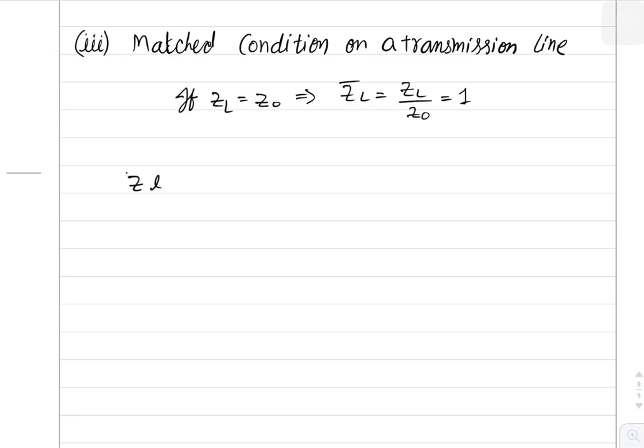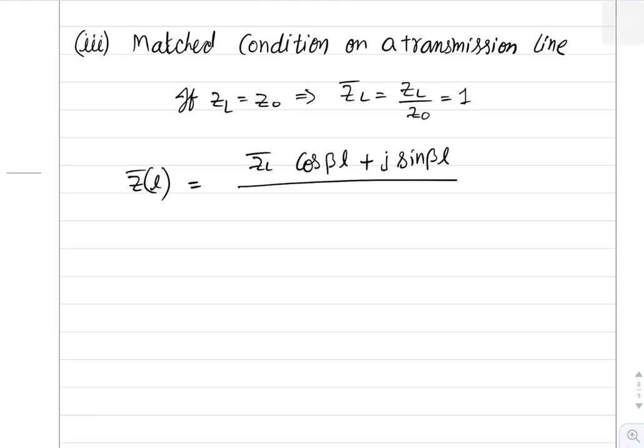Therefore, if you try to find out Z bar, that means the normalized impedance, then it is equal to (ZL bar cos βL + j sin βL) by (cos βL + j ZL bar sin βL). Since the value of ZL bar equal to 1, I can replace ZL bar with 1.